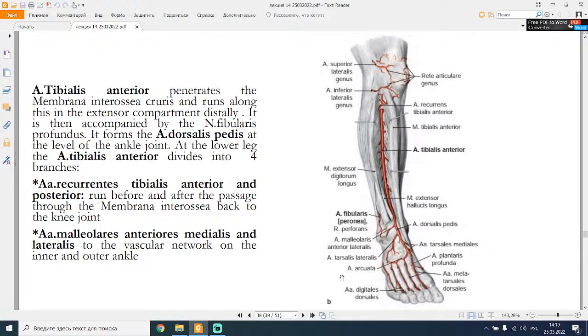Arteria malleolaris anterior, medialis and lateralis, to the vascular network of the inner and outer ankle.